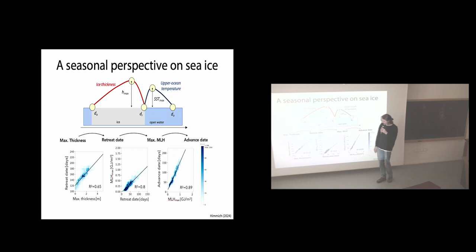And what Kenza showed in her thesis is that in the climatological mean state, you can relate these retreat and advance dates to other properties of the seasonal cycle, such as the maximum winter thickness, the thickness reached at the end of the winter season. And the advance date is really related to the maximum mixed layer heat content that is reached.